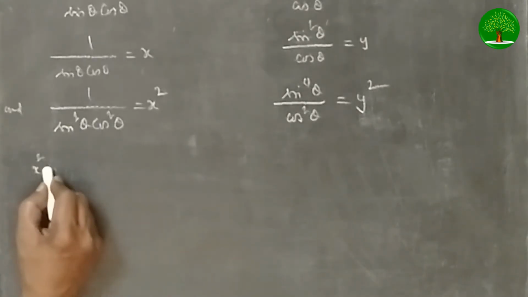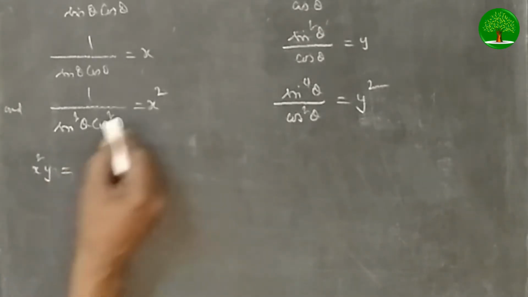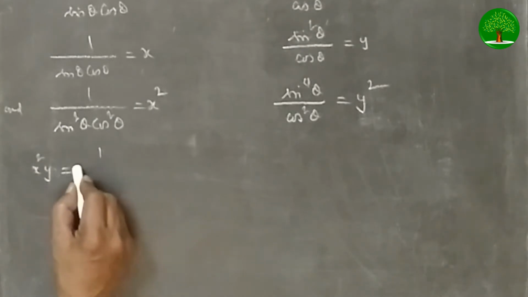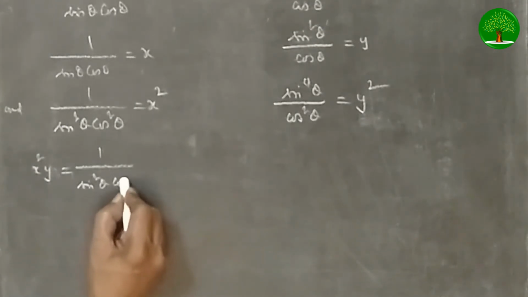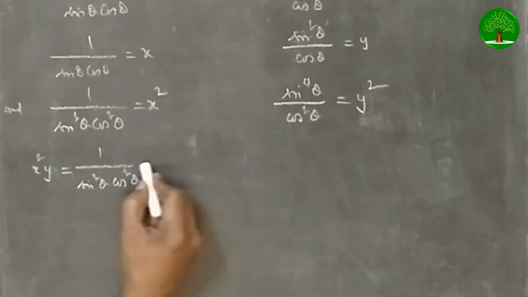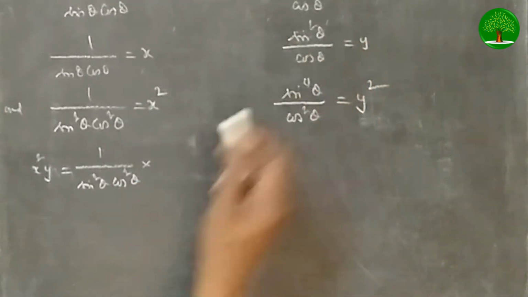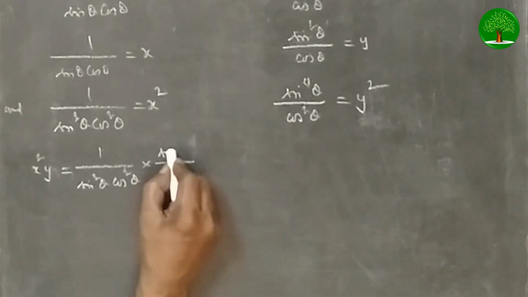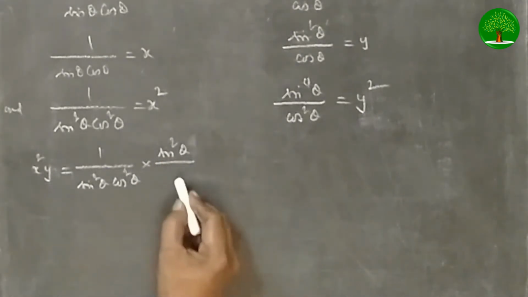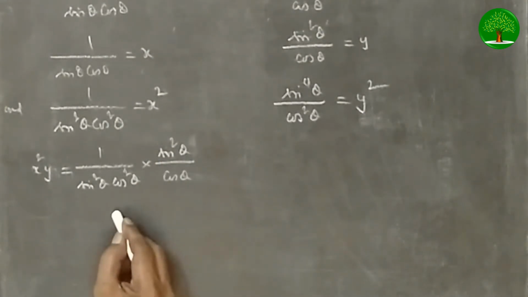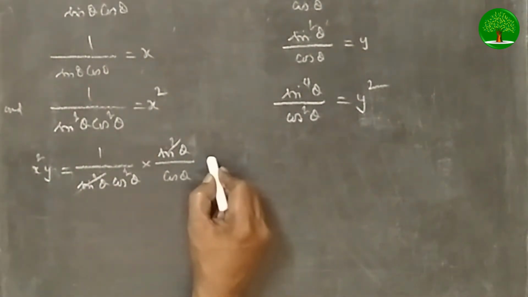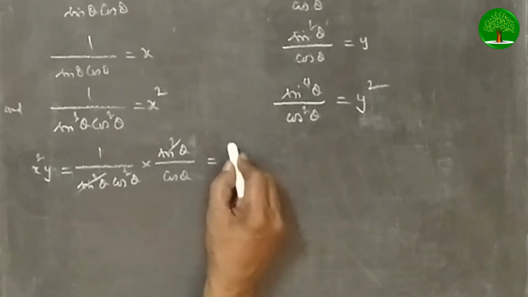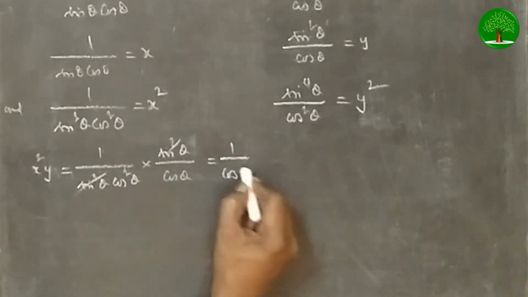Now x square y is equal to, x square is 1 by sin square theta into cos square theta, into y which is sin square theta by cos theta. Sin square theta gets cancelled. This is equal to 1 by cos cube theta.